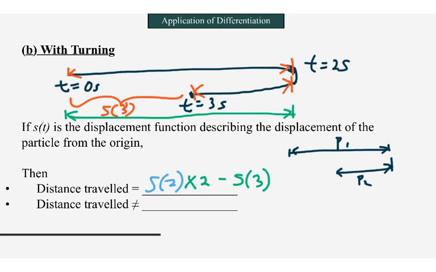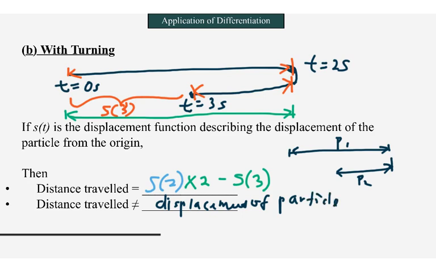Hence we can say that the distance traveled by the particle cannot be written as the displacement of the particle. Why?